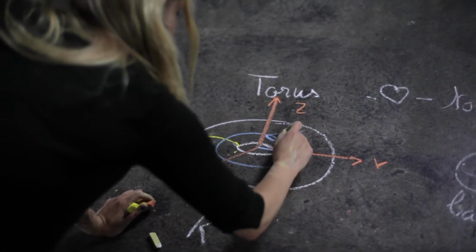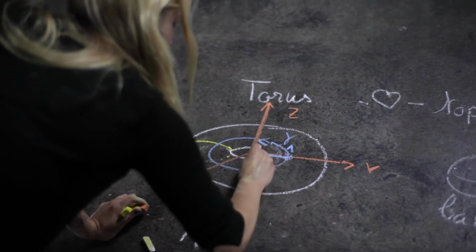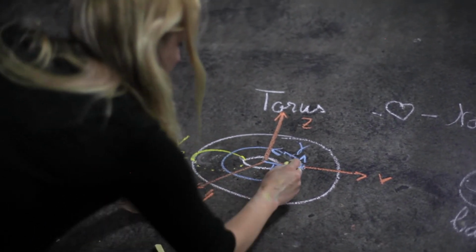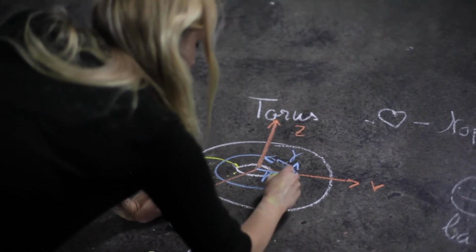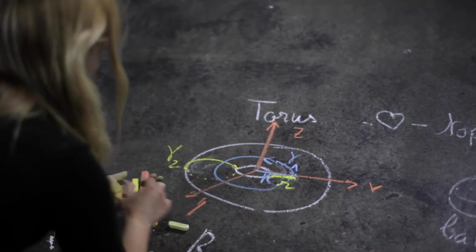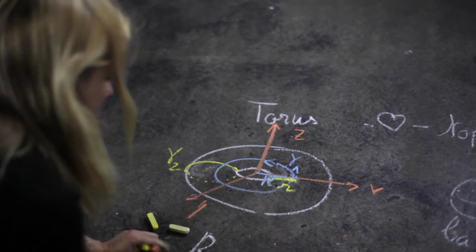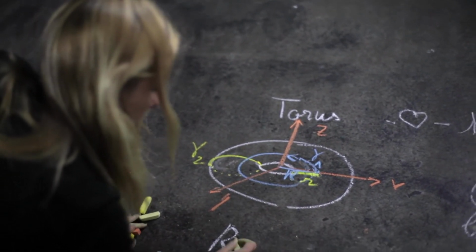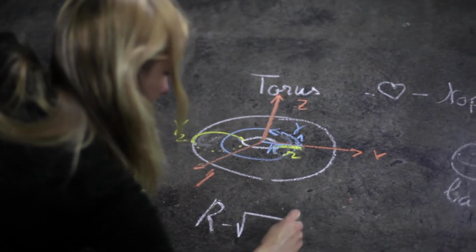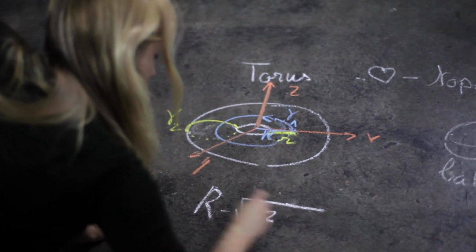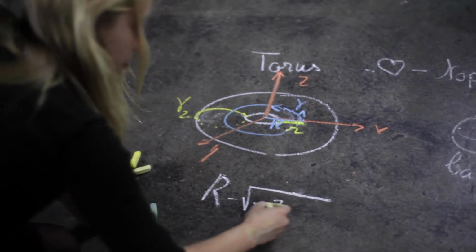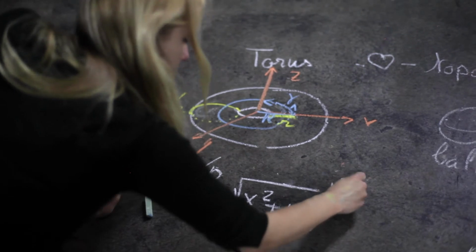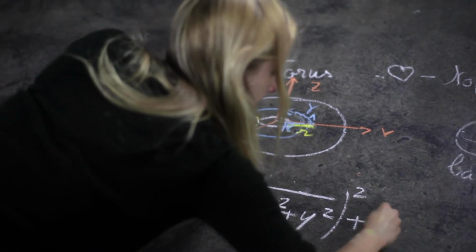I could draw this line there. This is capital R. And then you have this small radius, which is here. This is little r. So this is big R, and little r. And with this notation, because you need to be precise, the equation is R minus the square root of x squared plus y squared, all squared, plus z squared equals r squared.